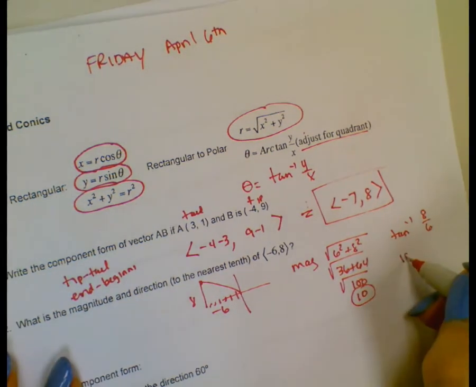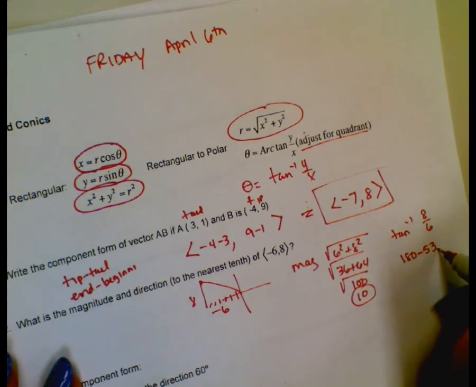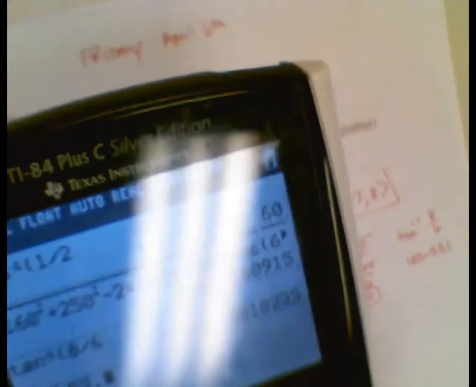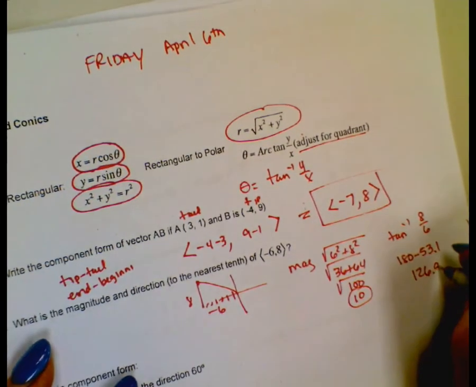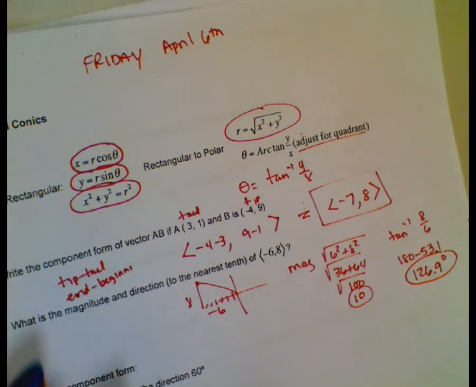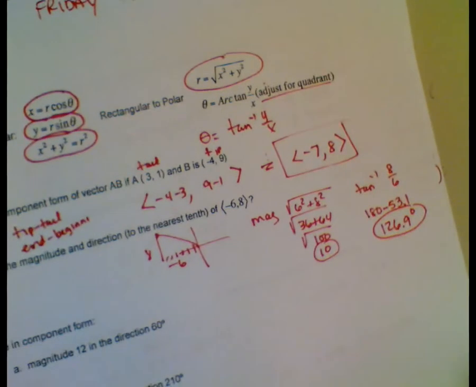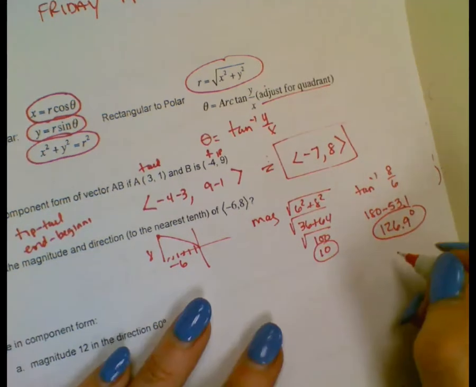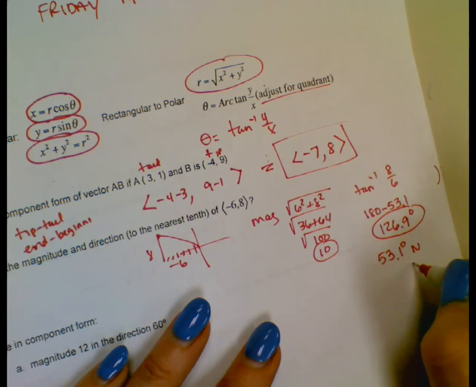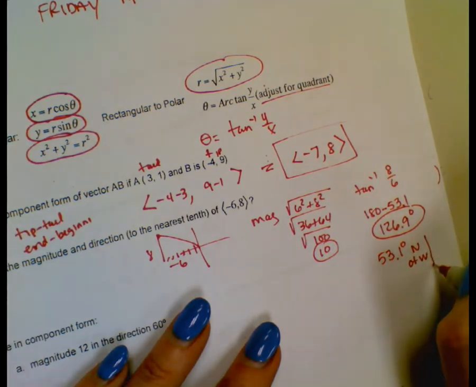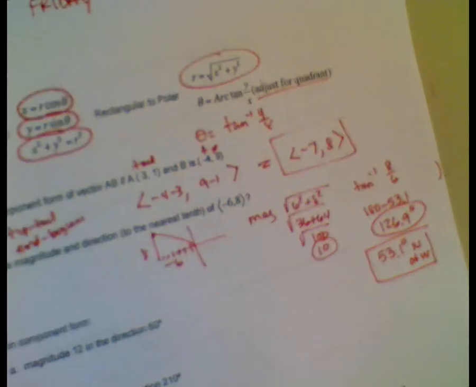And we're going to take 180 minus 53.1 to get 126.9. And that's your angle. That's your direction. Now, what's another way we could say this? You could also say 53.1 north of west. I would accept that as well.